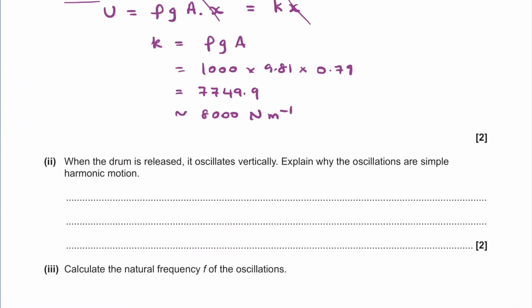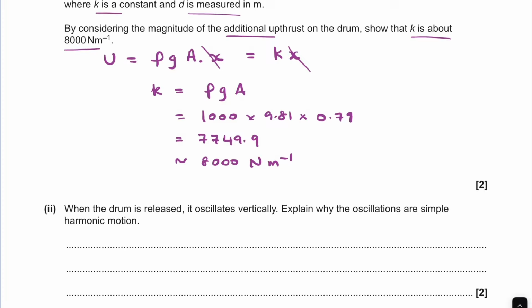When the drum is released, it oscillates vertically. Explain why the oscillations are simple harmonic motion. Resultant force is directly proportional to negative displacement, my bad. And we also know that F is equal to ma, where m is constant, so this would mean that a is also directly proportional to negative x.